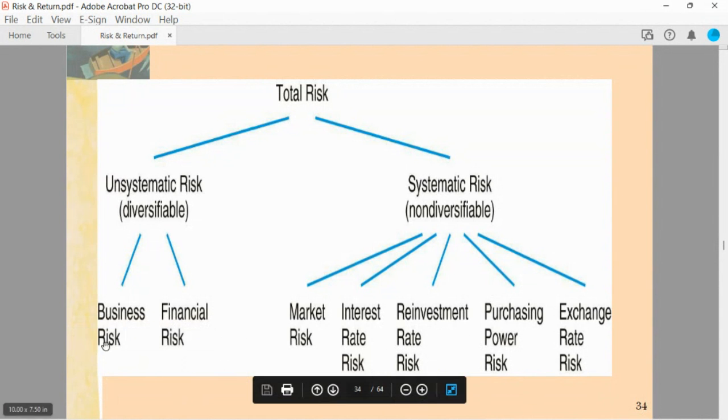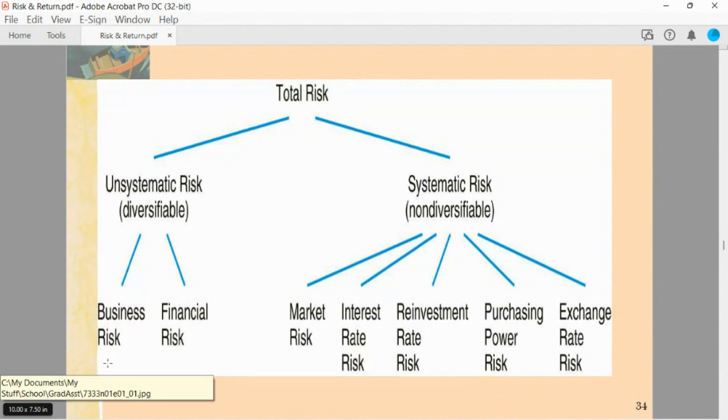the business risk is the risk that is specific to that business. For example, if you're in a restaurant or hospitality industry, you are more likely to be impacted by the weather. Isn't that right?